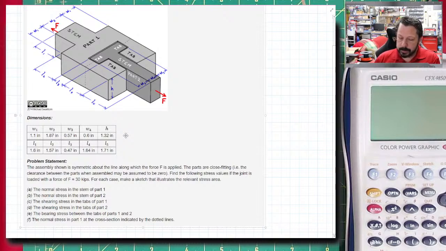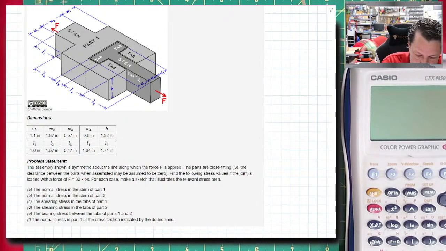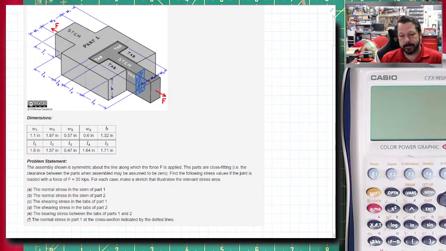I don't want to do those because I assume those are pretty straightforward. I will draw the area on top of here just to make sure that we're on the same page. Here's the area for the normal stress in the stem of part 2. In stem of part 1 would be the same thing, but it's a little bit bigger, right? Or at least it looks bigger in the picture.